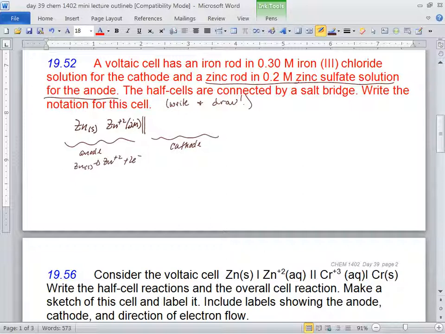Do you remember how we separate the reactants and products in the cell notation? Either you use a comma or a line. In this case, it's going to be a line because they have different phases. Good.